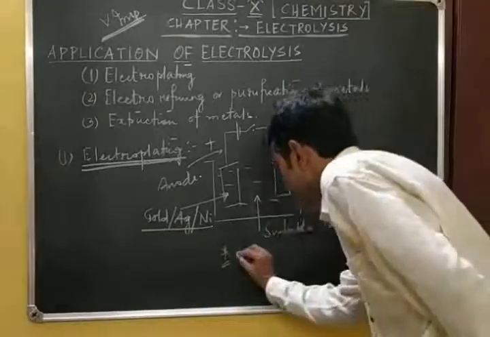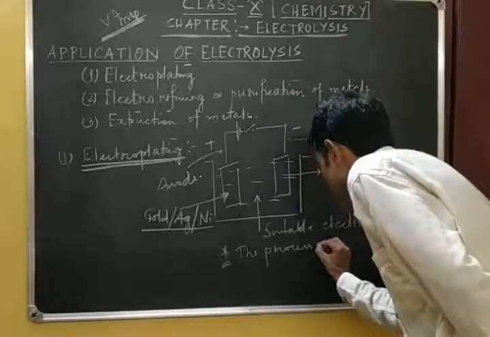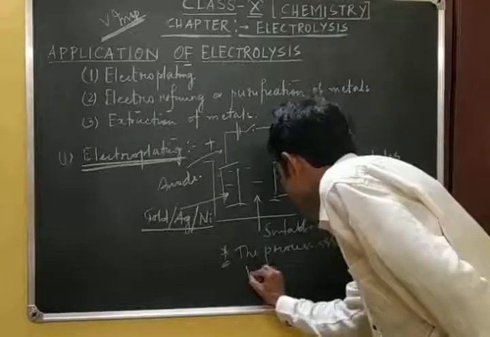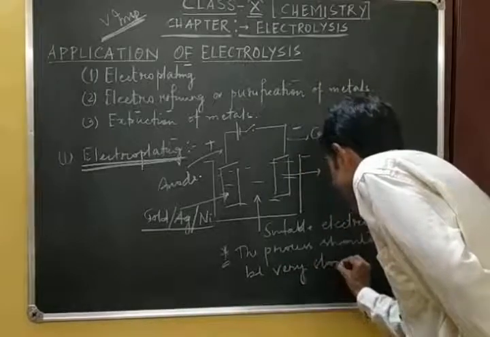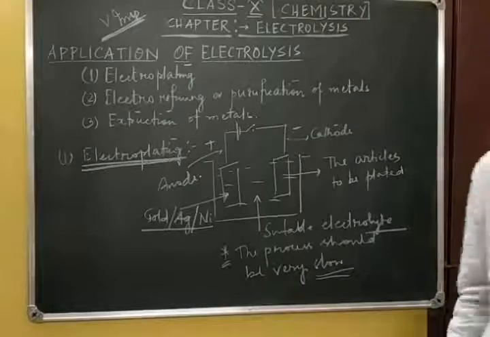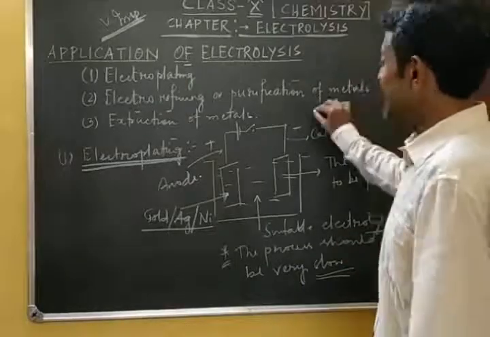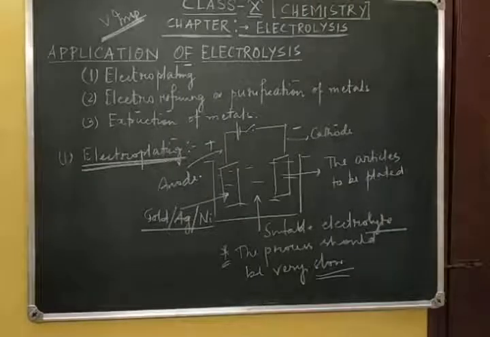The process should be very slow, otherwise the electroplating on that material will not be uniform. So that's it. We will be discussing the second and third points in metallurgy, and we will do electroplating a little bit more elaborately in the next classes.